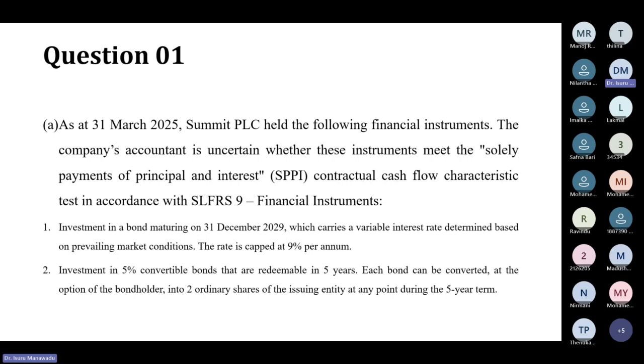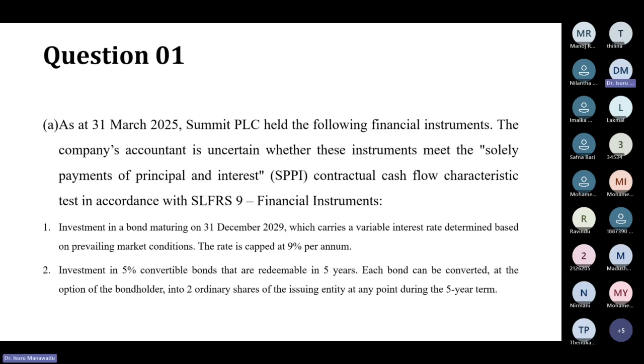That's a financial instrument. So there is a specific time period and a variable interest rate. The annual interest rate cap is 9%. Okay, now you have read 3 examples as well. Right, read the second one.